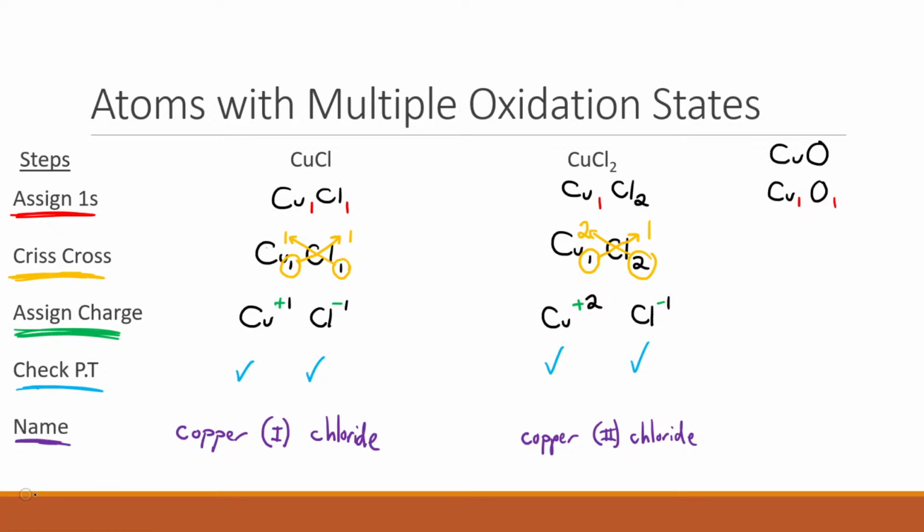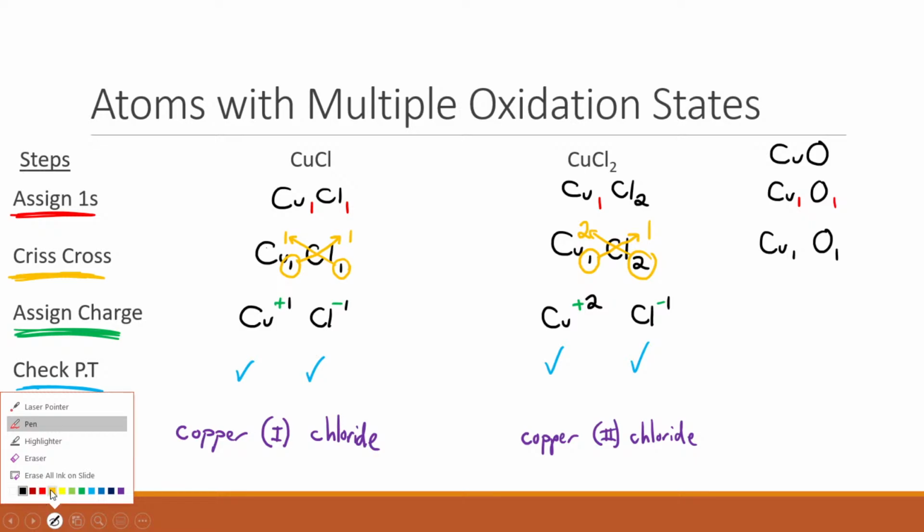Then, that's going to bring us here with our 1 and our 1, and we are going to crisscross those numbers. We're going to bring the 1 up and over to the copper, and this 1 is going to go up and over to the oxygen.